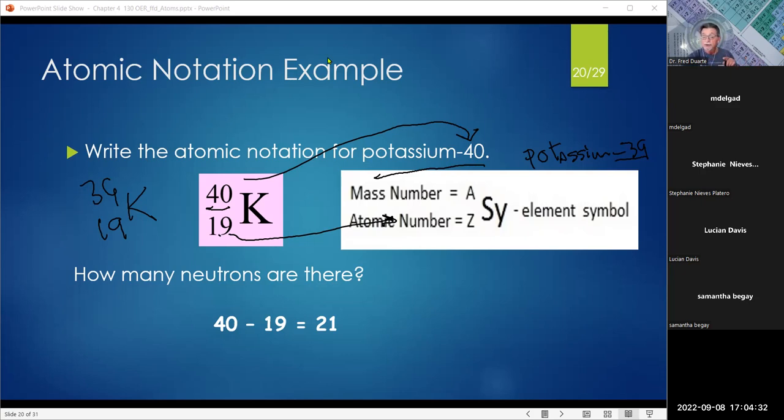Not 39, 20. Exactly. See, this one here is for potassium 40. Potassium 39 has 20 neutrons. Okay, these two are isotopes. Potassium 40 and potassium 39 are isotopes.